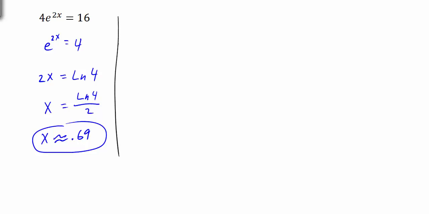And of course, the other option here, if we get to e to the 2x equals 4, we could certainly just take the natural log of both sides of the equation. And why would I choose to use the natural log?